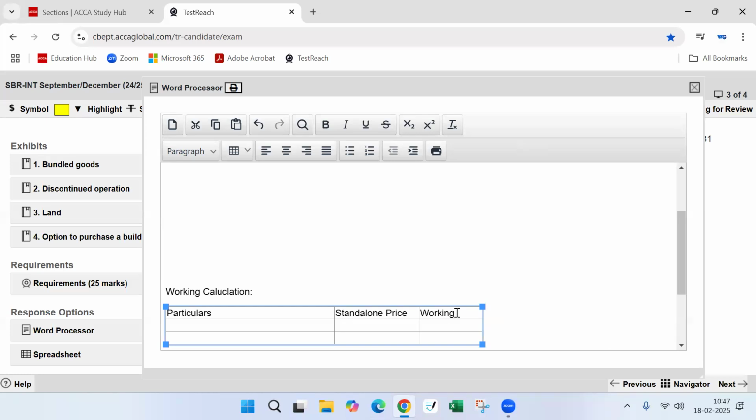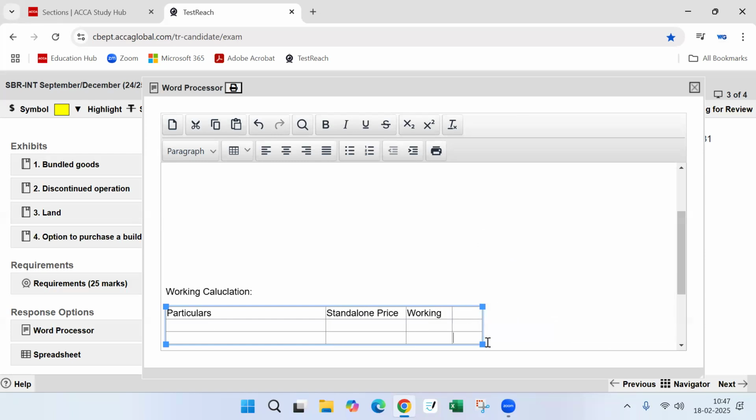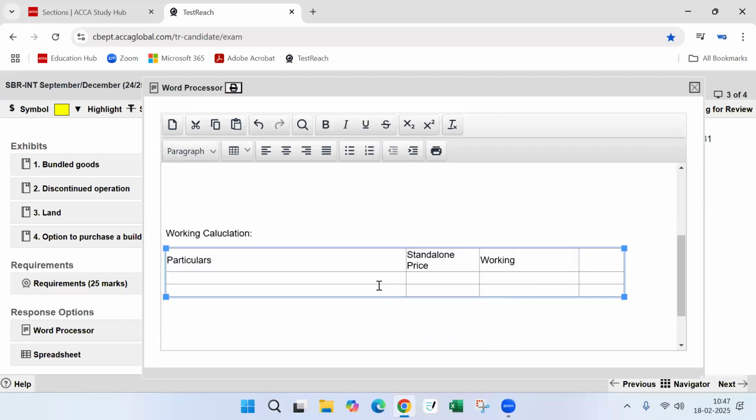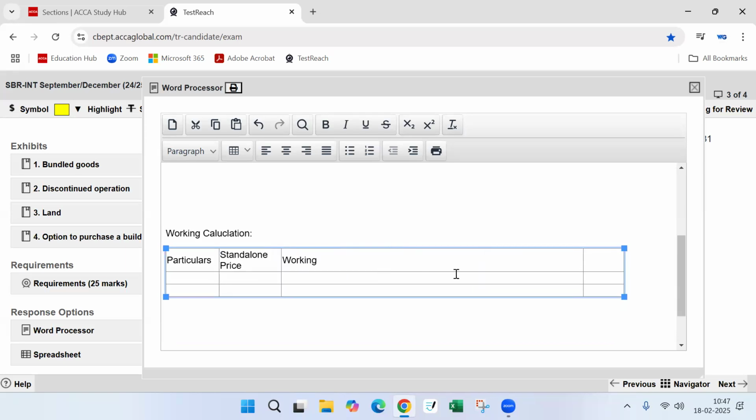How do you insert a new column? I cannot insert a column or what? Insert a column after. Okay. And then you have standalone price and then you have transaction price. Even for the exam.